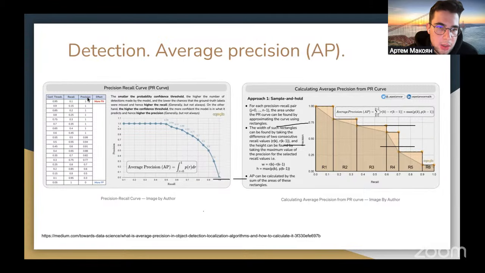And you take all points, recall and precision, and plot these points, and you have a curve. For example, we have recall 0.1 and precision 1. So we take on the recall axis 0.1, and on the precision axis 1. So this is the first point, for threshold 0.95.